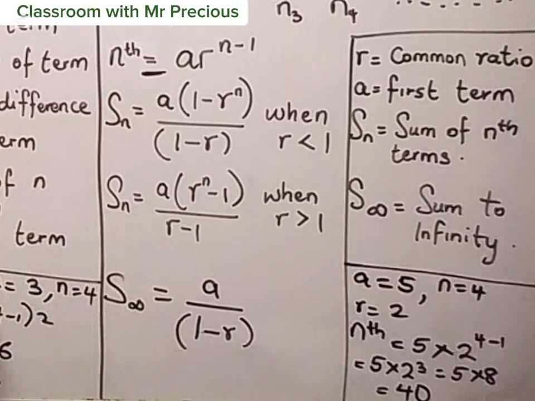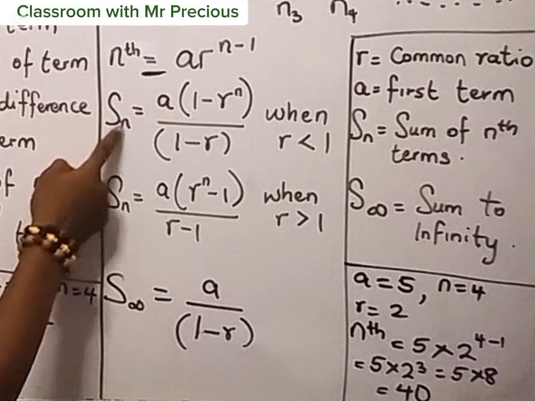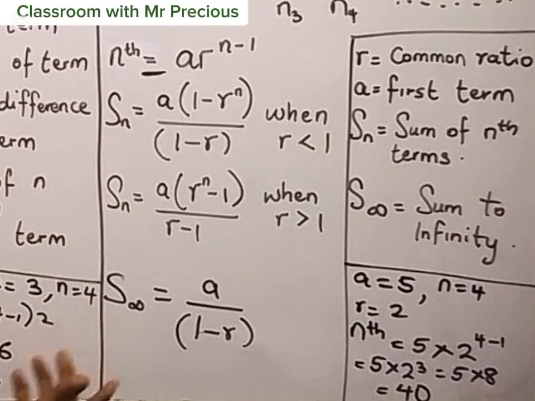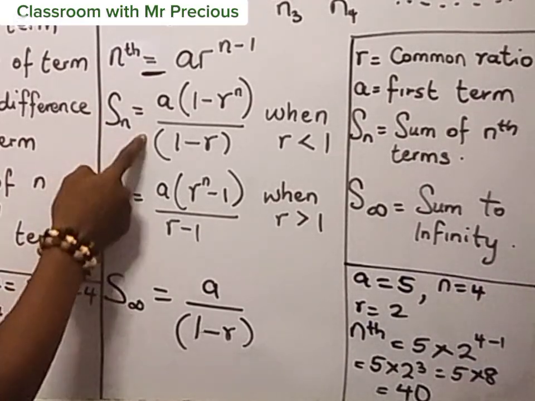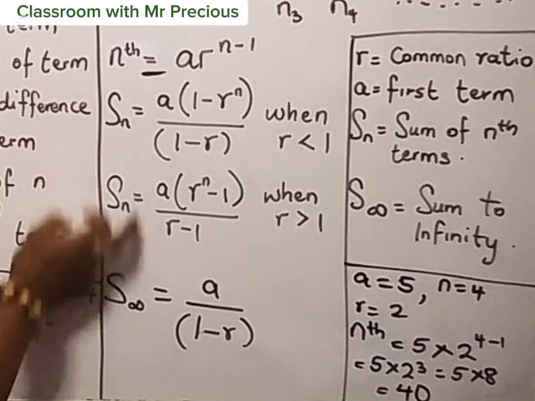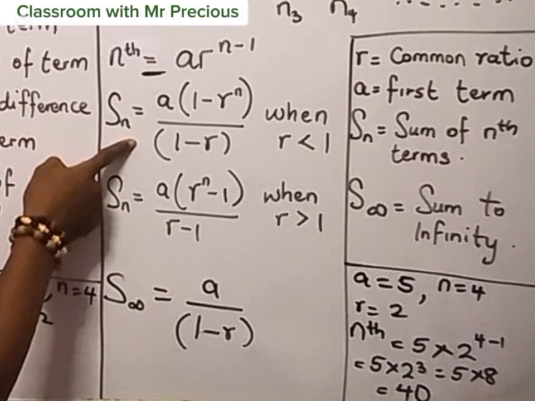So what are these other formulas I put here? This S subscript n, just like in the sequence, is the sum of the n terms. So if you are given n terms, you can use either of these two. When are you going to use this one?